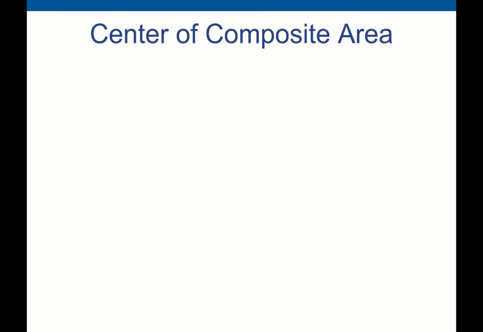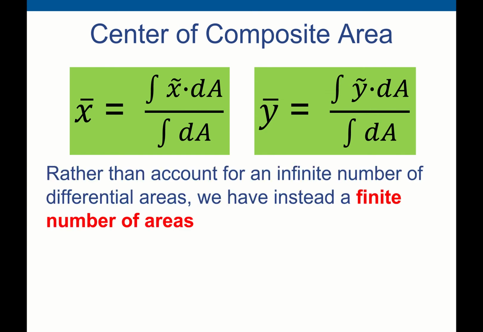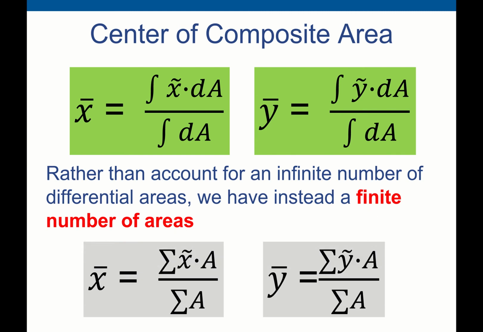We don't need to do these kinds of integrations over an unlimited number of differential areas. We have a finite number of areas, so we don't need to do that. But the composite body is not just one body.